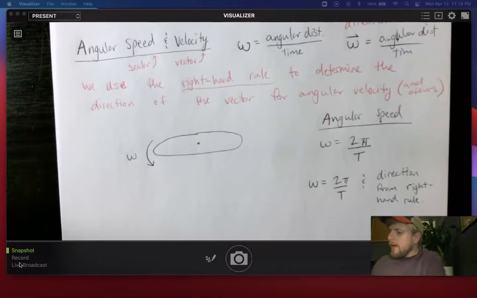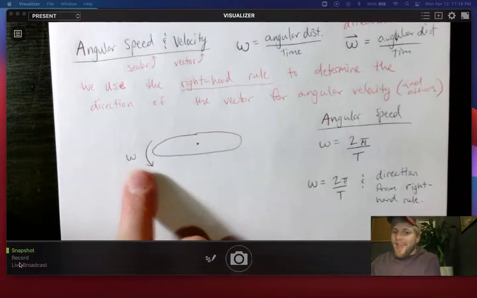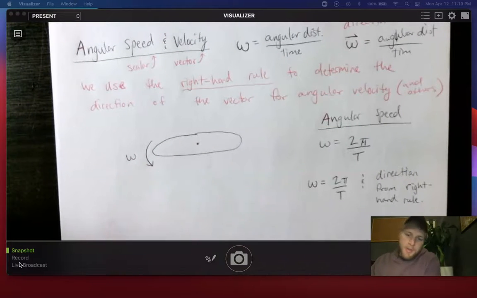Alright, so let's imagine that we have got a spinning disc. We could say it's like a record on a record player, and we've sort of traditionally drawn the omega, the angular speed, in this manner.